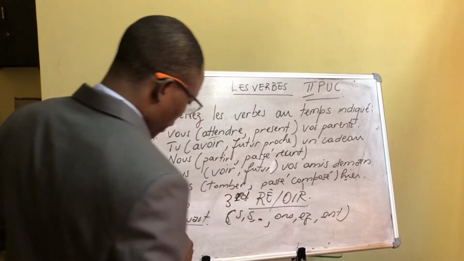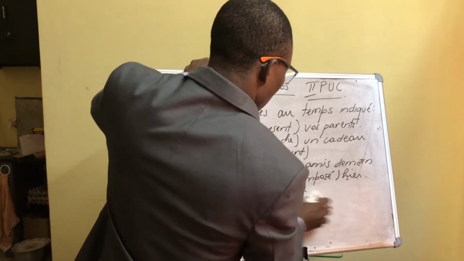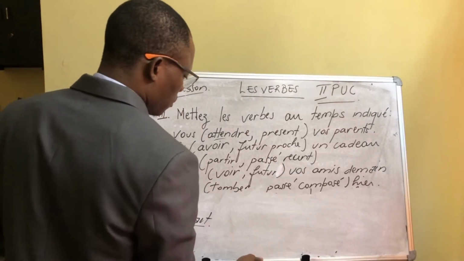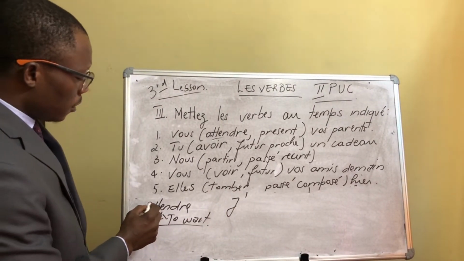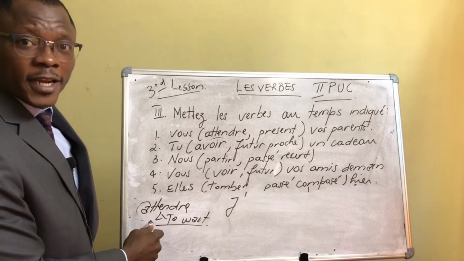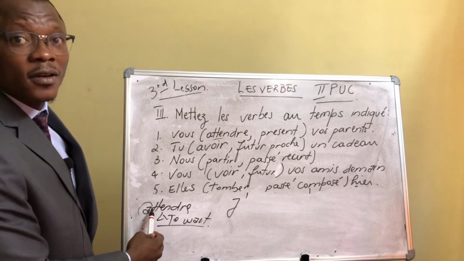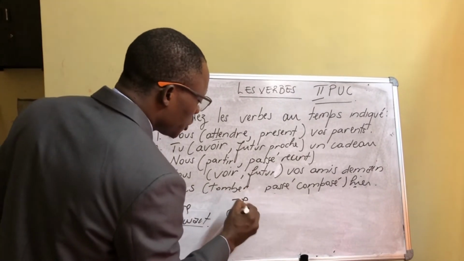Now let's get the present tense of attendre. First of all, attendre starts with a vowel. A is a vowel in French. So I can't put J there again.